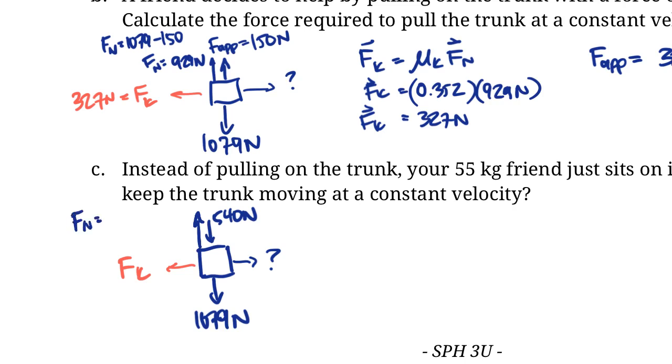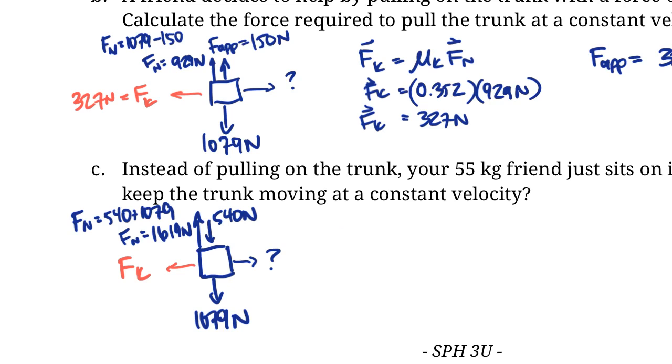So in this case, the normal force is going to be 540 plus 1079, which is 1619. That is our normal force. So you'll notice the normal force is much higher than it was in the previous question because your friend is just sitting on top of the box, making it more difficult to push.